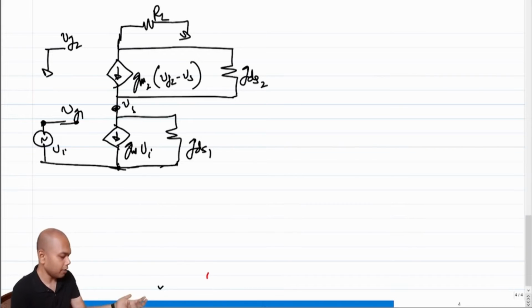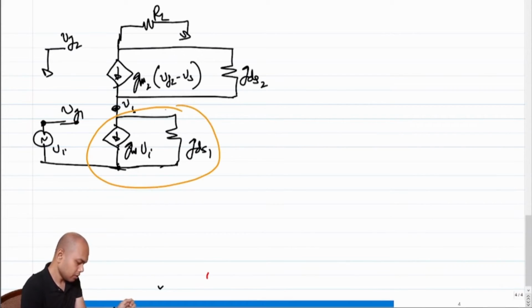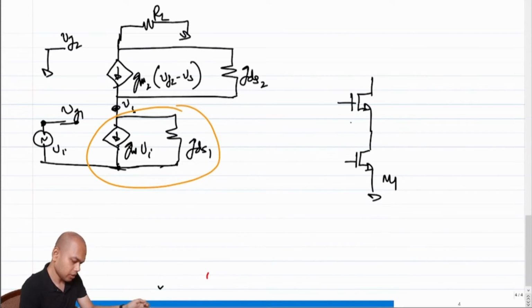Basically, wherever you see this contraption, you replace that with a MOSFET. So here comes one MOSFET, right? So let's call this M1. Again, what do you have on top of this M1? You have another MOSFET. Let's call this M2, correct?